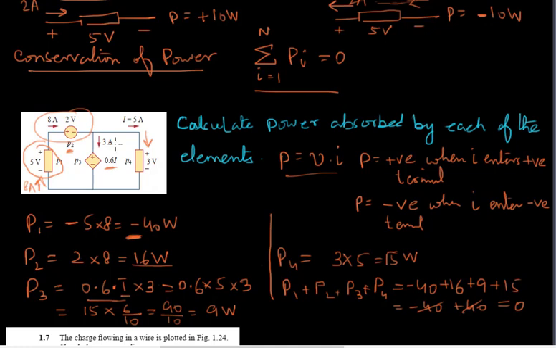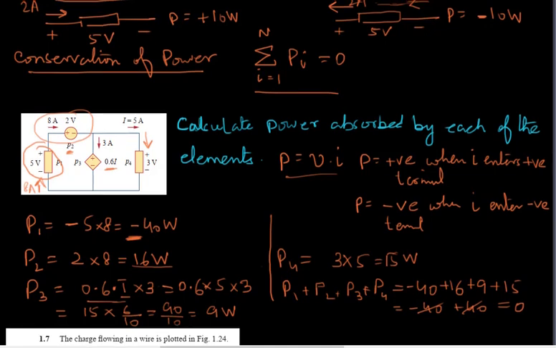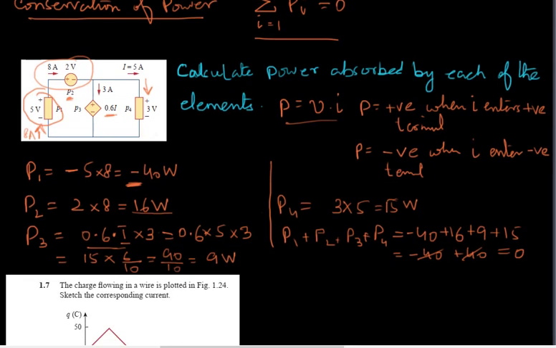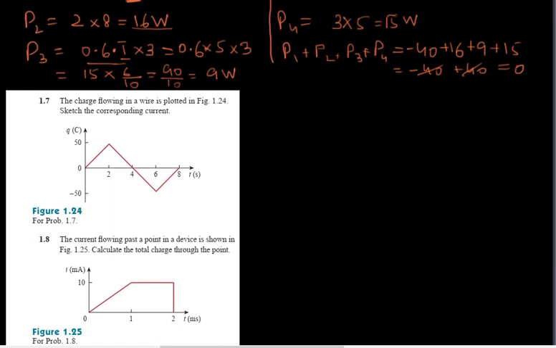If this circuit is a real world circuit, you can understand that if I would take some arbitrary value over here, instead of 8 amperes, if I would have taken 7 amperes, then this might not have been true. But if this circuit was a real circuit, then the sum of all powers must be 0. That's the law of conservation of power. This is how we are going to compute power, and this is how we are going to use the law of conservation of power.